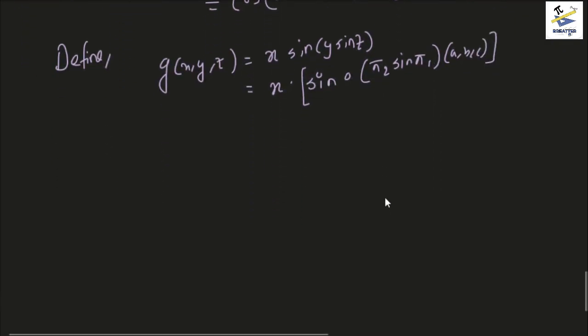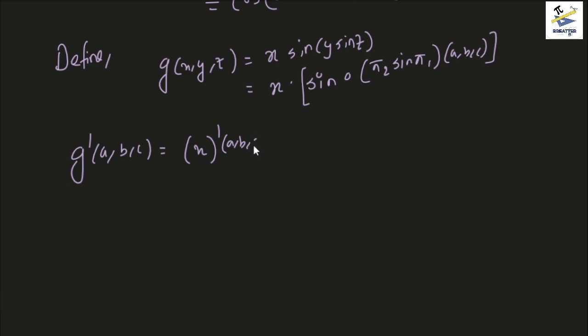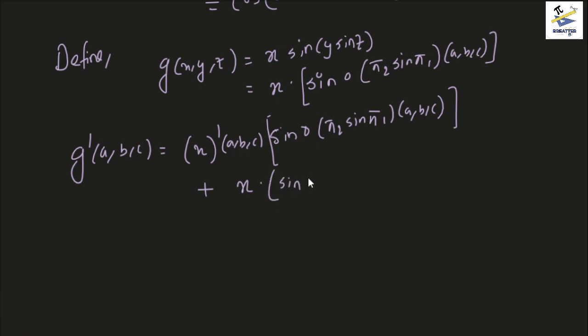So anyways, since it's a product of two functions, we can write g prime ABC as x prime at the point ABC multiplied by this sine of pi 2 sine pi 1 at the point ABC, plus x into the derivative of sine of pi 2 sine pi 1 at the point ABC, right?